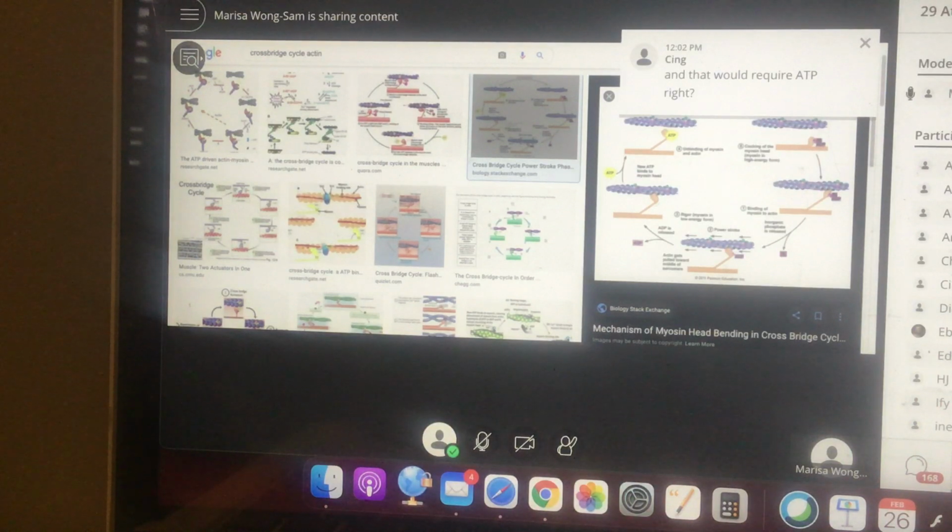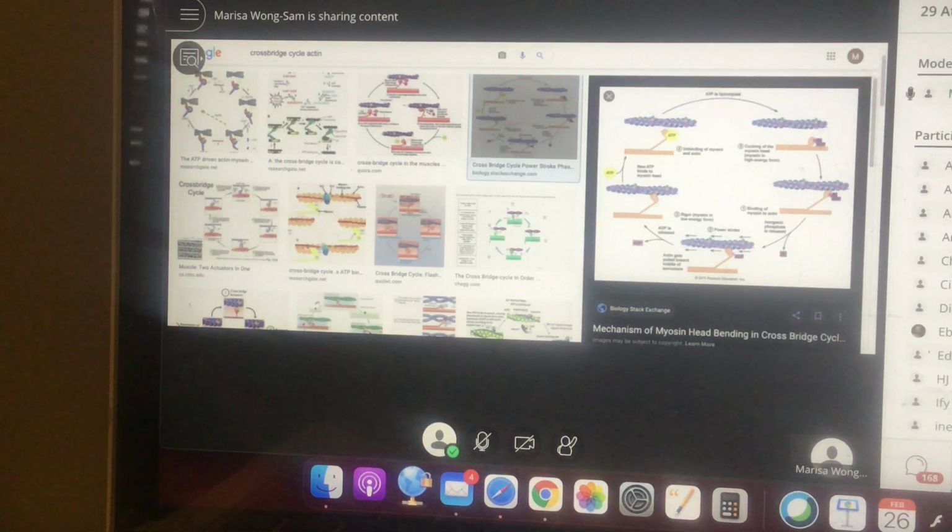It's not the same as requiring ATP, because the ADP is what's left over from the ATP. ATP is adenosine triphosphate, and that's what we had stuck to the head originally.